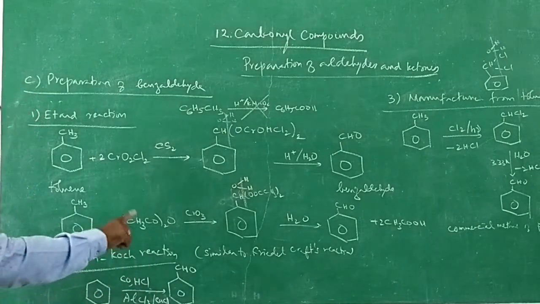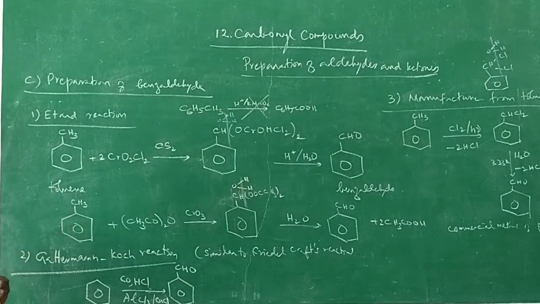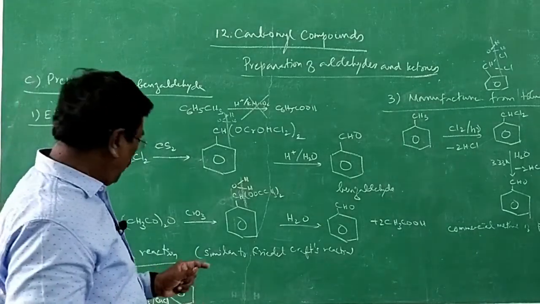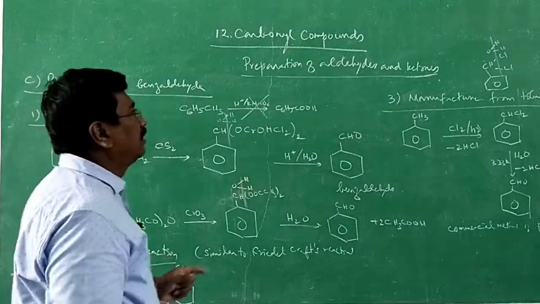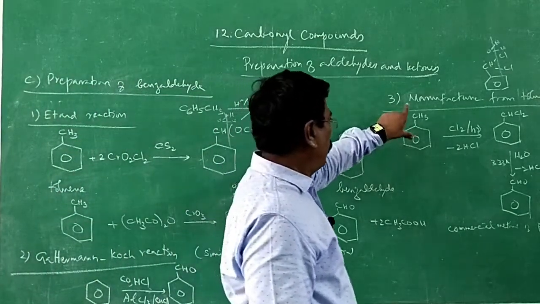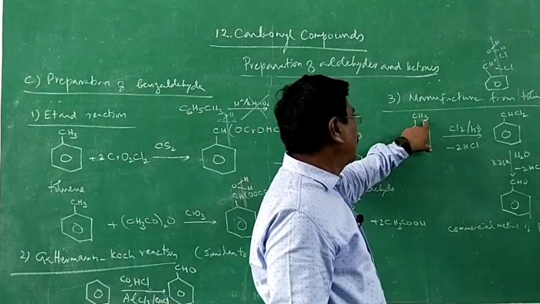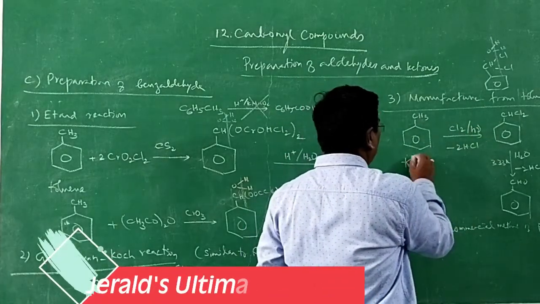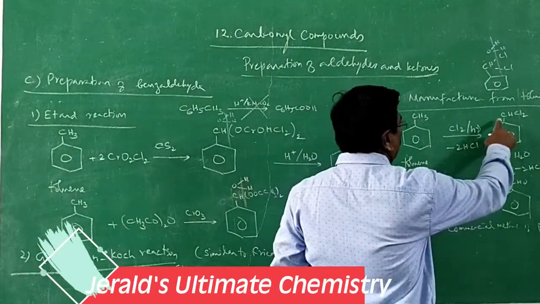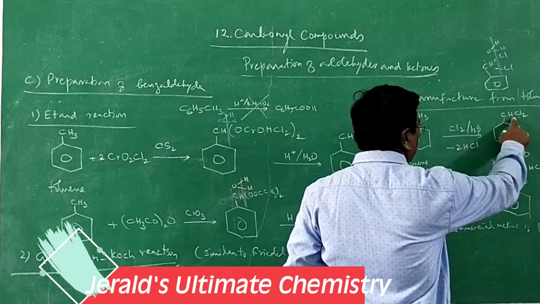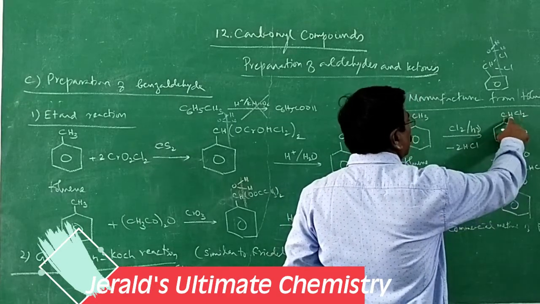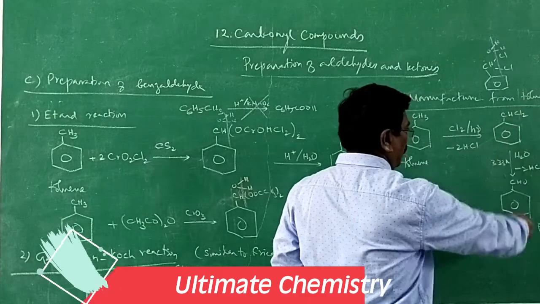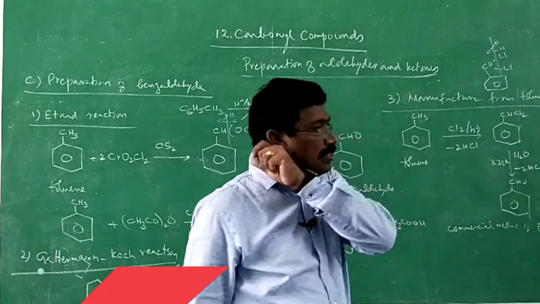It is similar to Friedel-Crafts reaction, because formylation reaction occurs. And then manufacture from toluene. Toluene is chlorinated in the presence of light, side chain chlorination, benzal dichloride. Benzyl means CH2Cl, benzal means C6H5CHCl2. Hydrolysis results in the formation of benzaldehyde. Thank you.